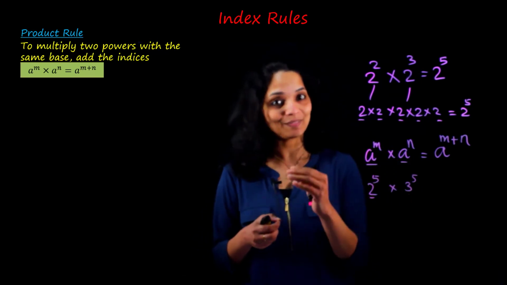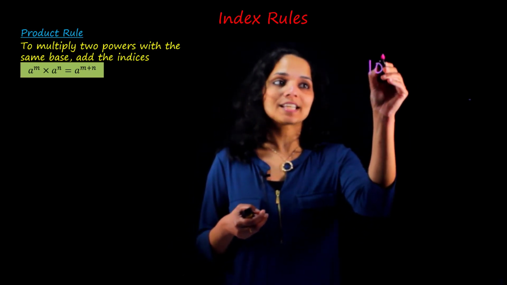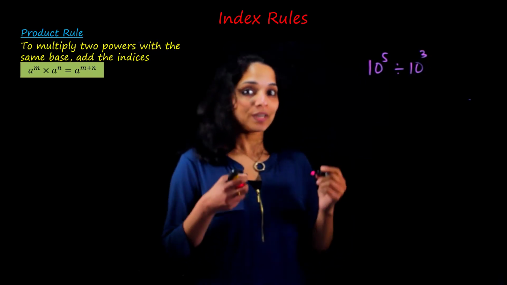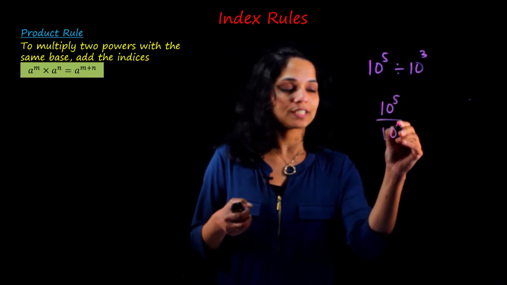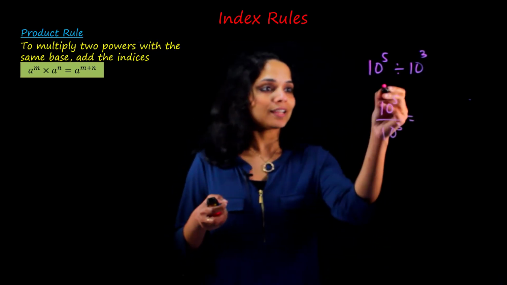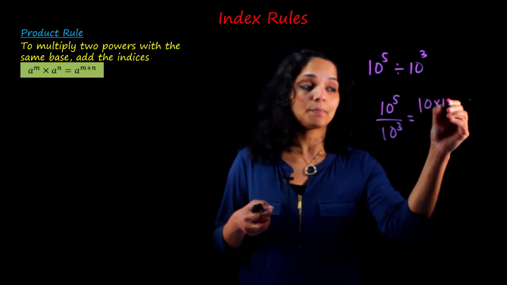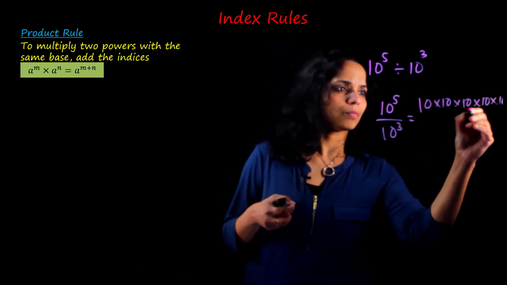Now let's deal with division. Let's learn division by taking another simple example, 10 to the power 5 divided by 10 to the power 3. What is the answer? Let me put that in this form, 10 to the power 5 over 10 to the power 3. The numerator is 10 to the power 5, that's 10 multiplied 5 times, 1, 2, 3, 4, 5.